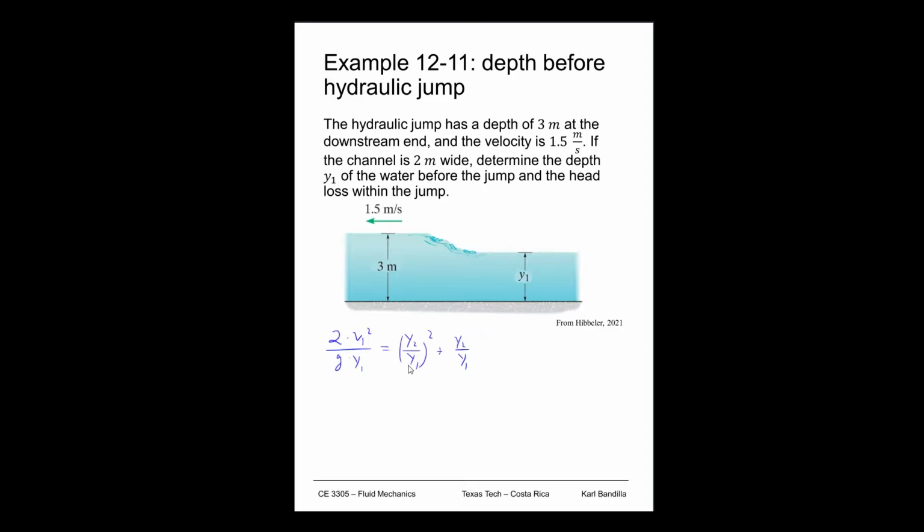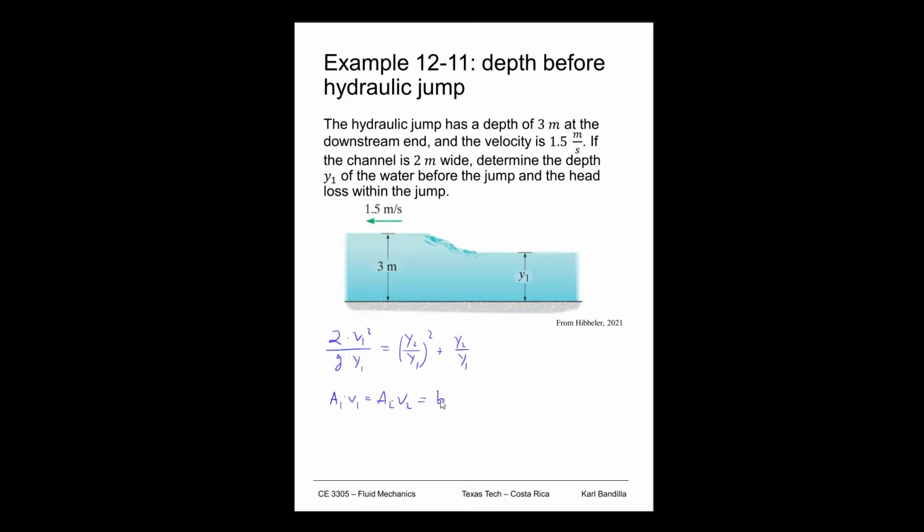Now, what we don't know here is our y1, and we also don't know our velocity one. So let's see a way of connecting those. We can use the continuity equation: A1 times v1 is equal to A2 times v2, rectangular channel.